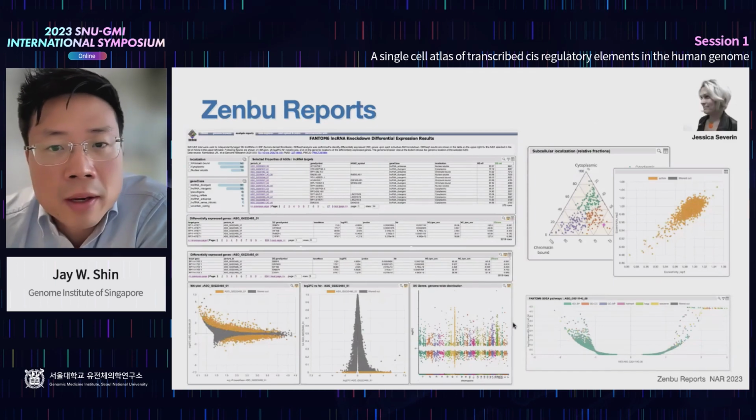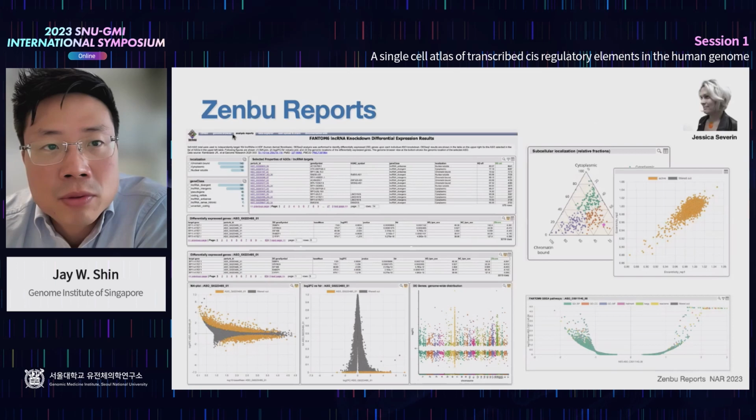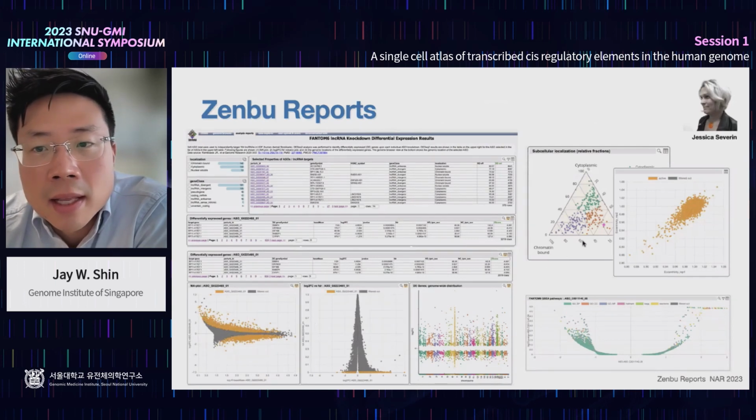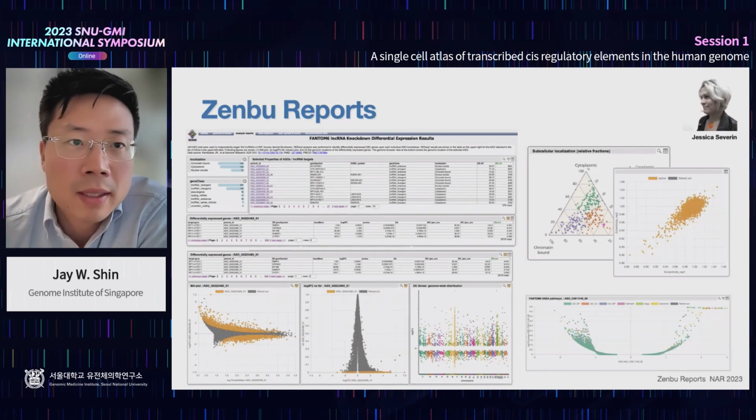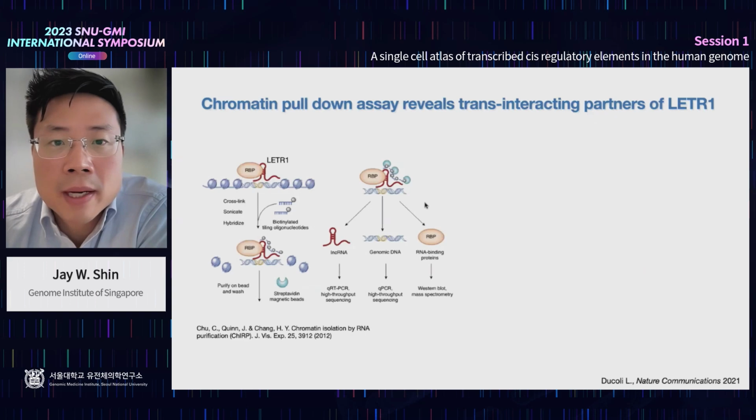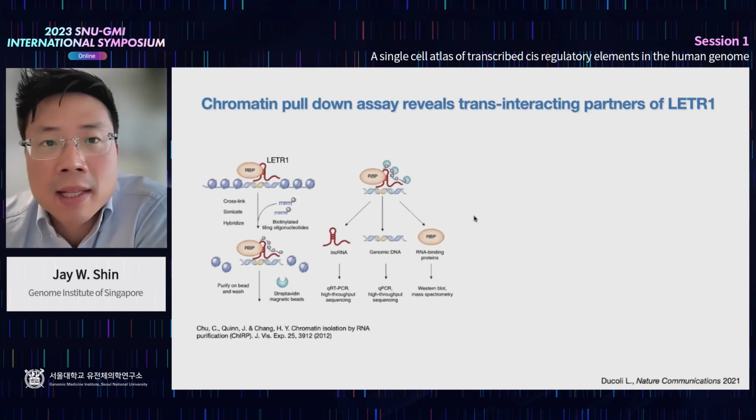I'm going through this rather quickly because all of this work is published, and you can actually go to the Zenbu reports and survey individual genes that we have mapped now and look at their differential gene expression analysis and their localization and so on. But what was also interesting is that we took one of these non-coding RNAs.